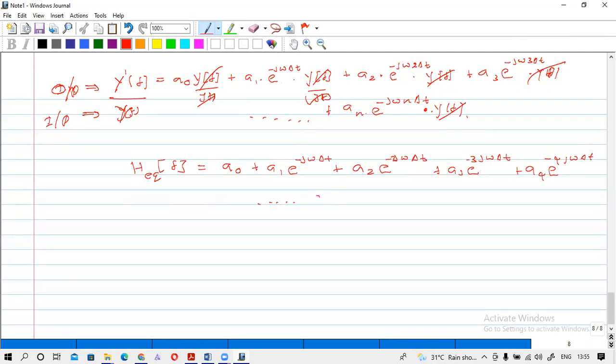So I have here An e to the power minus j omega n delta t. So this is the transfer function of our equalizer.